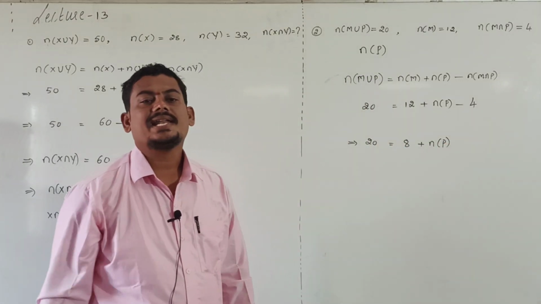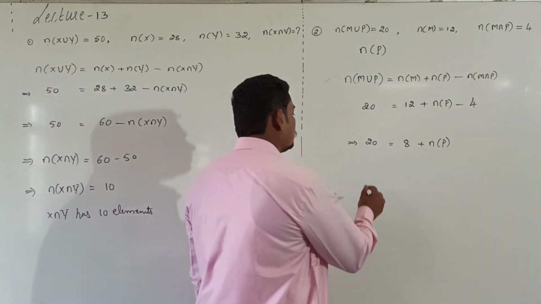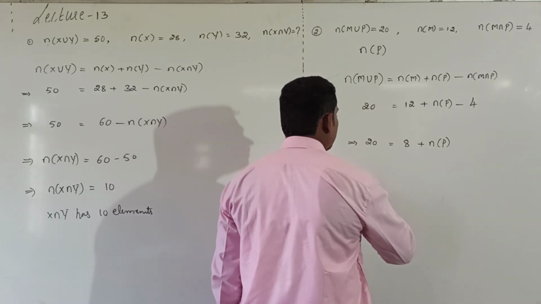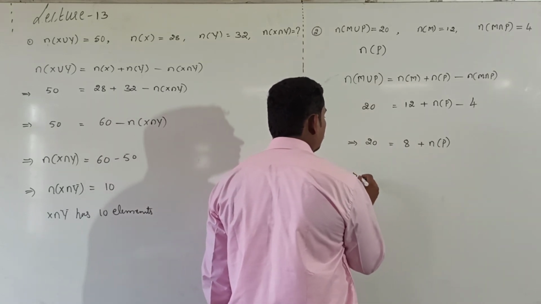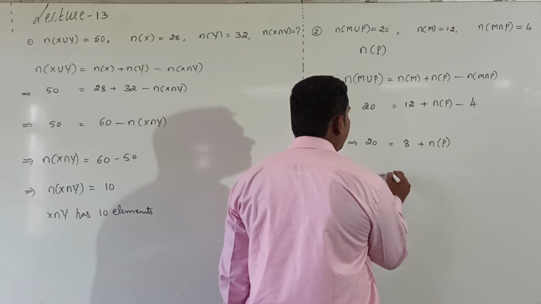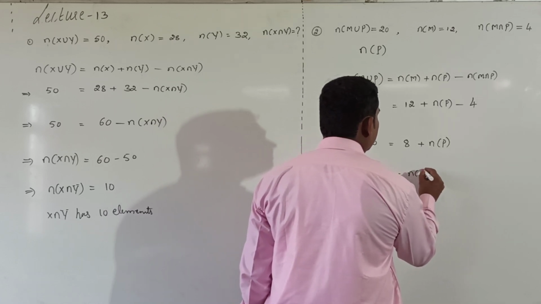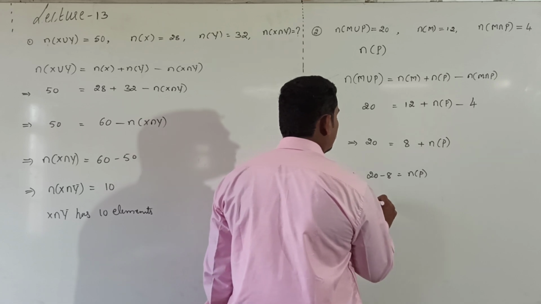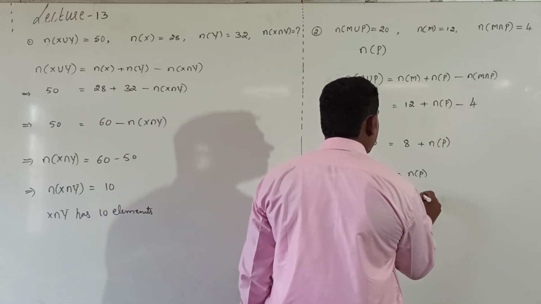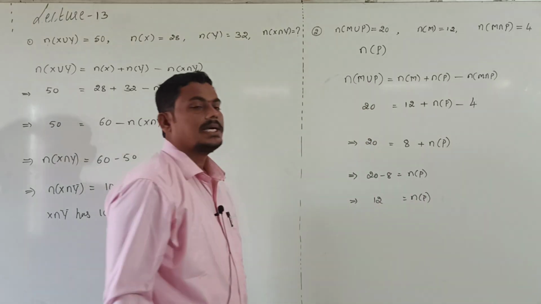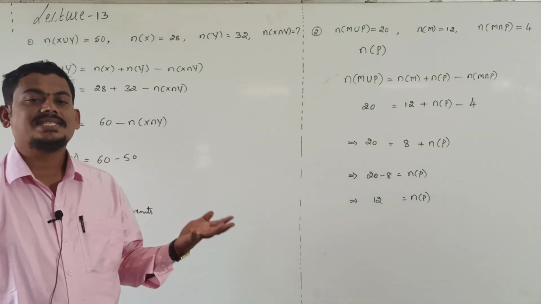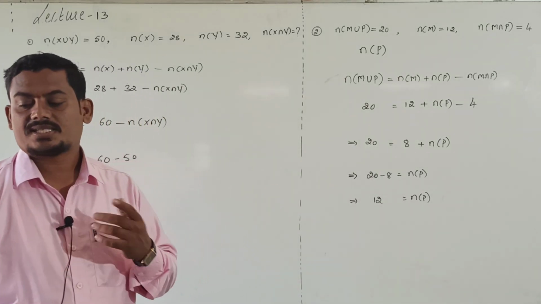Here we need to find the n(P) value. Now 20 minus 8 is equal to n(P), that's equal to 12. Means 12 teachers teach physics.